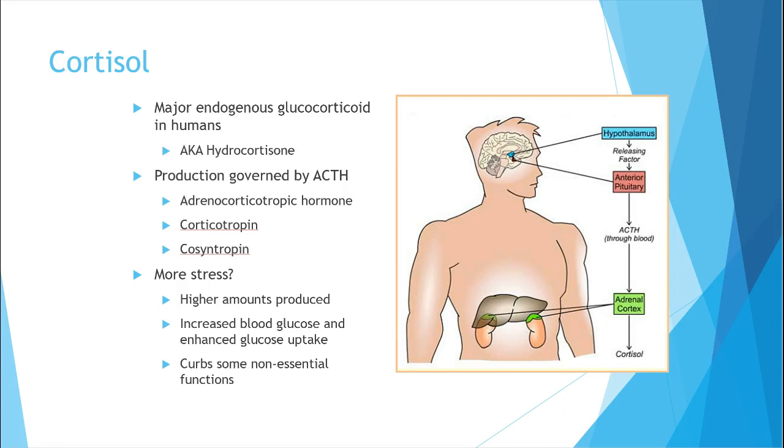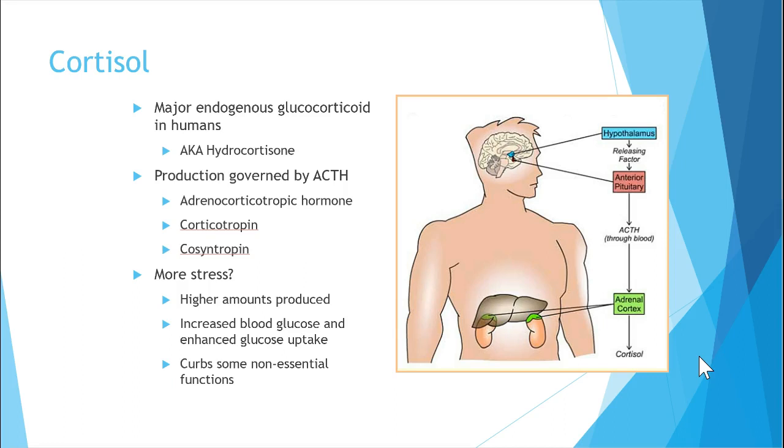This production is governed by ACTH, and I have a little flow chart here about how adrenocorticotropic hormone influences the adrenal cortex and ultimately makes cortisol. Cortisol I think of as part of your stress response.